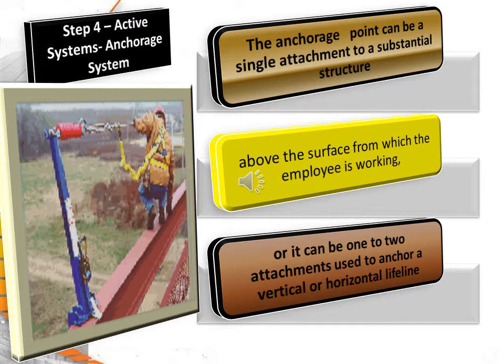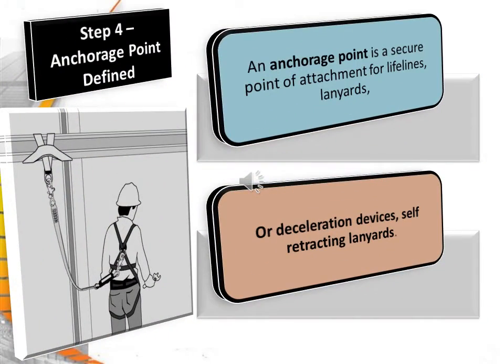The anchorage point can be a single attachment to a substantial structure above the surface in which the employee is working, or it can be done with one or two attachments used to anchor the vertical or horizontal lifeline. An anchorage point is a secure point of attachment for lifelines, lanyards, and deceleration systems or self-retracting lanyards.